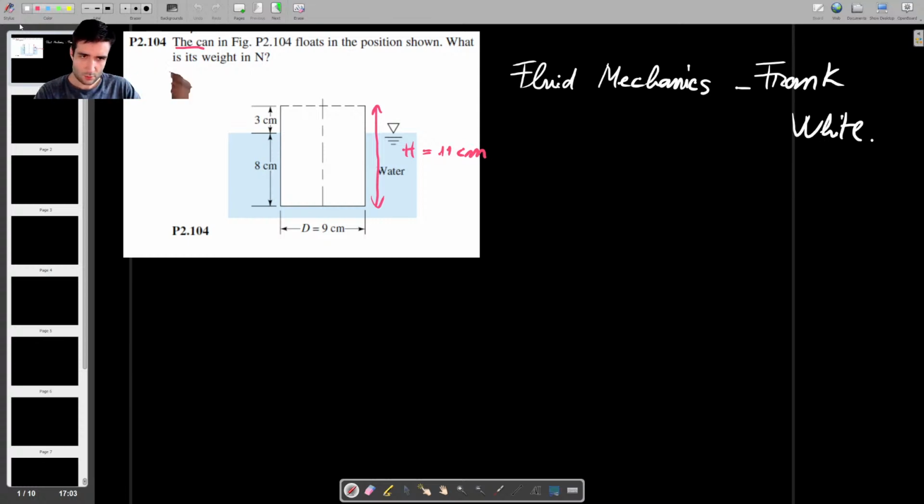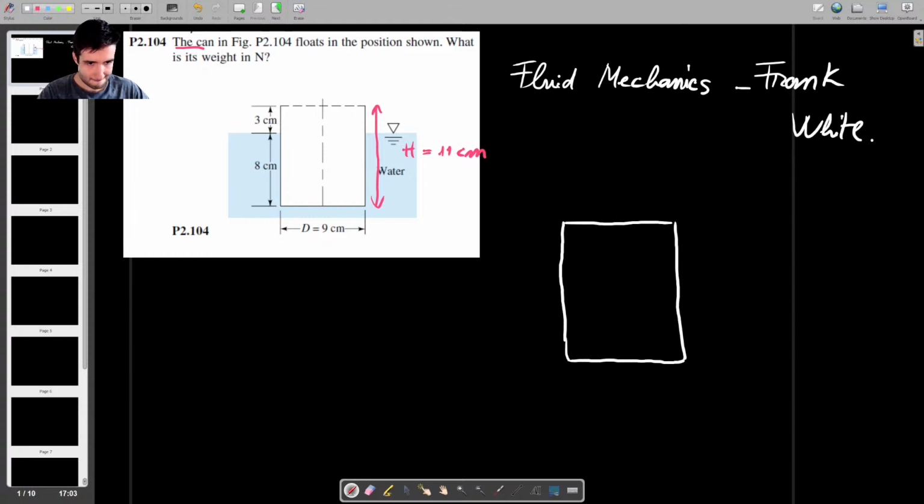What I recommend in this case is to just draw a free body diagram. So I'm going to redraw the can here like this, and then put all the forces that are acting on the can. The relevant forces are the ones in the vertical direction.